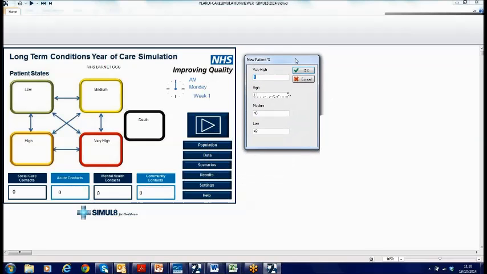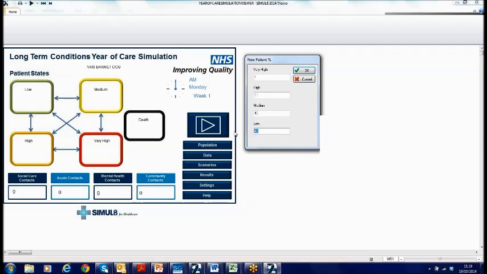The next screen is showing us the incidence and which patients are in which state for that new group of patients. So the 100 that are going to join the model each year, what state they're going to be in. Now, we've just set this as the same, but you might expect that actually you're going to have far more people in the low state, for example.